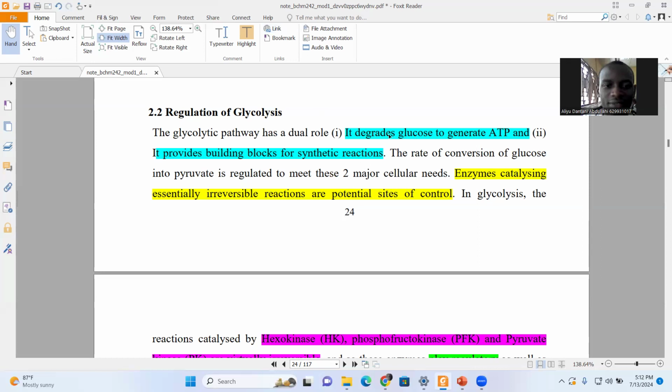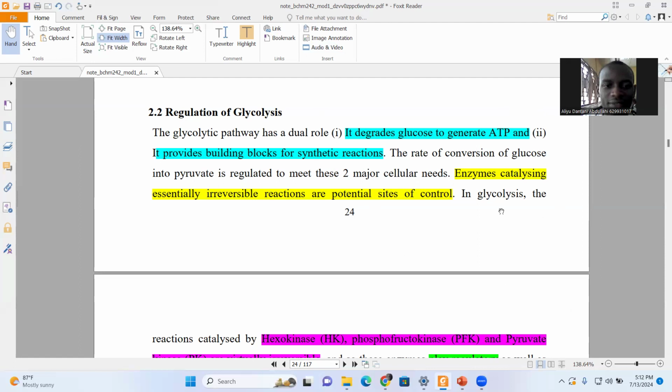So these cellular needs, the need for energy and the need for biosynthesis of molecules in the cell, not macromolecules only, right? Will be the cellular needs that inform the regulation of glycolysis, the conversion of glucose into pyruvate.